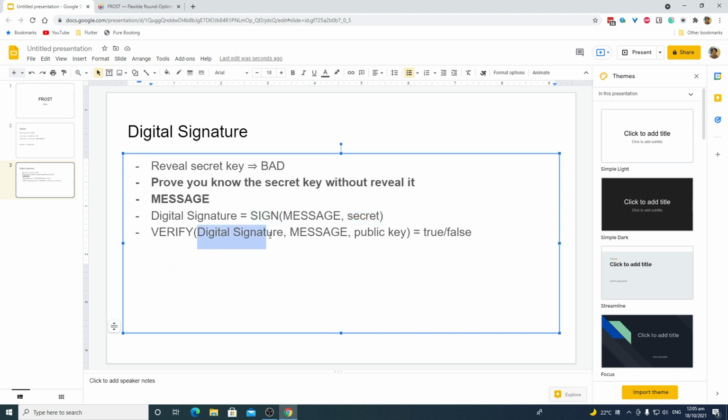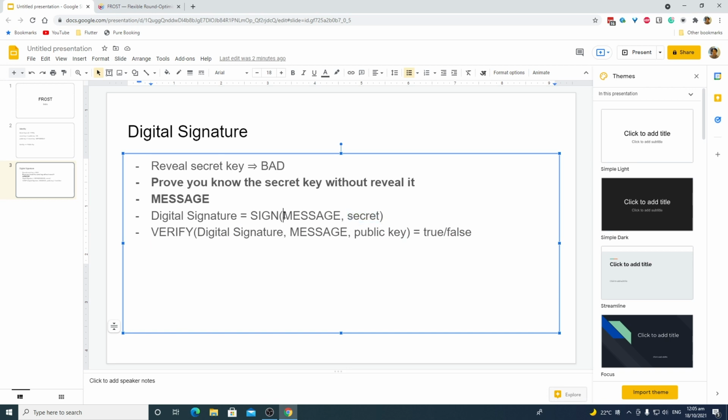So that's one example. Second example is obviously if the digital signature is a forgery, so it's not the result of this signing function. So again, the verification will fail. And finally, if the message is authentic, the digital signature is also authentic, but it was signed by somebody else, so that public key does not match that secret key, then again, it's going to be a failure.